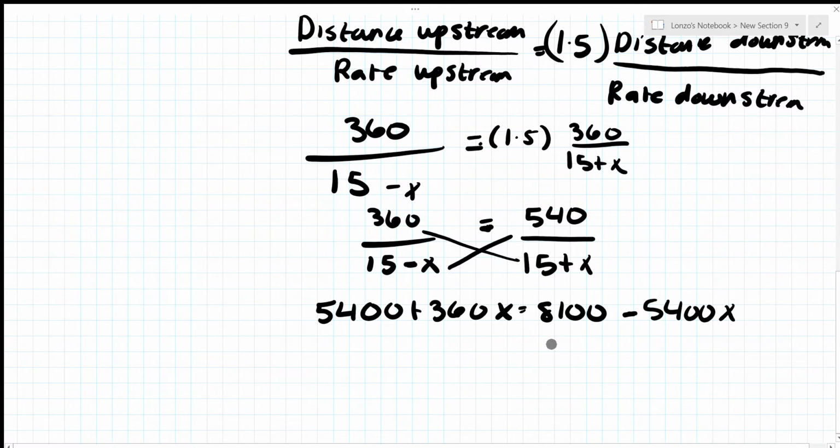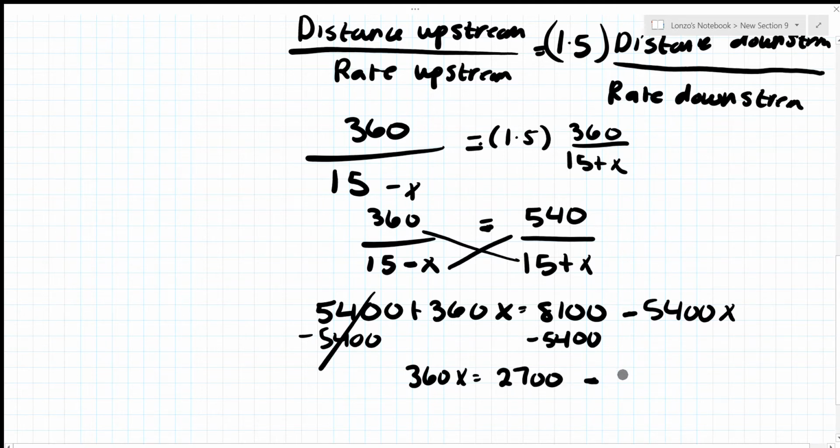So what I'm going to do is subtract 5400 from here, to get rid of that. So you're left with 360x. 8100 minus 5400 is 2700. Minus, bring down the negative 5400x.